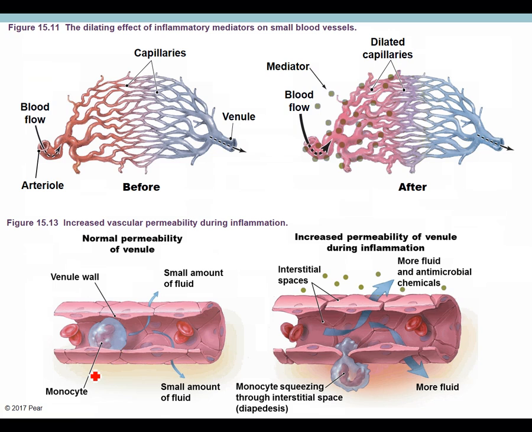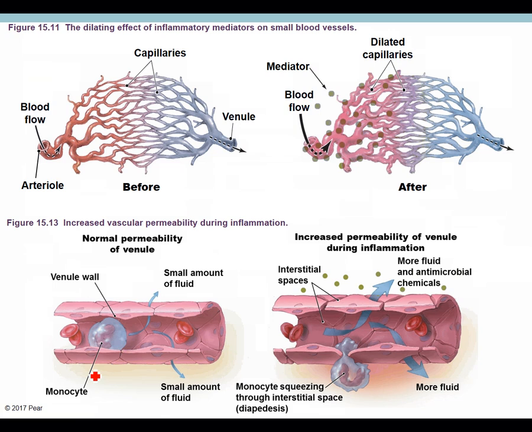And so a capillary bed normally has a certain amount of leakiness, but when you're having an inflammation, there will be a secretion of chemicals that causes the blood vessels to become dilated, and it increases the spaces.